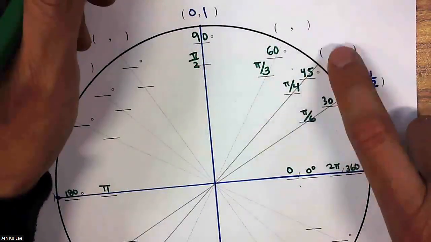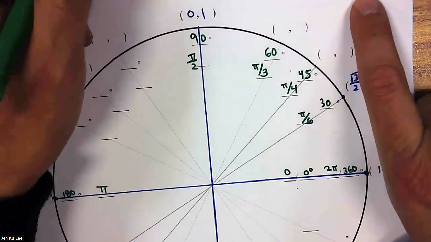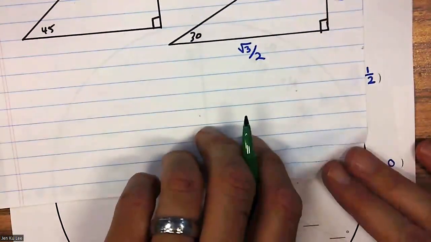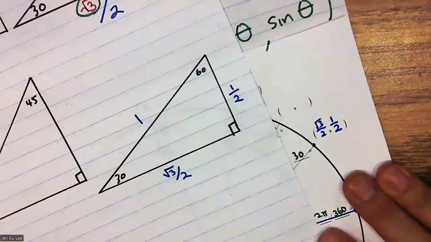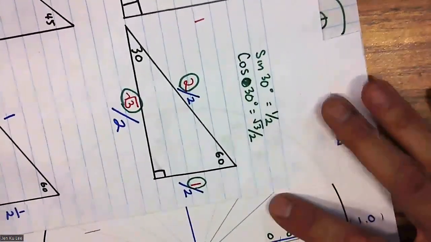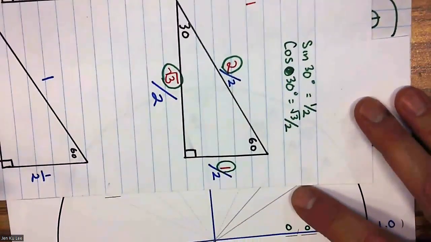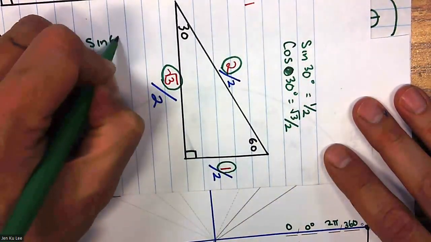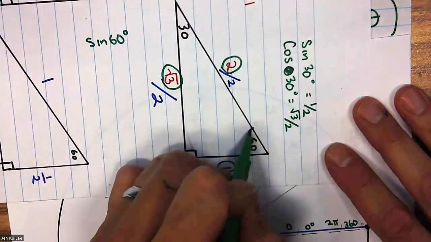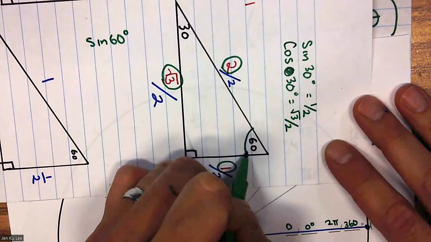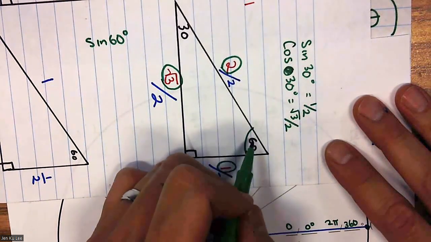So now if the coordinates are cosine comma sine, what's the sine of 60? Let's look back over here, but I'm going to flip this paper like this. The sine of 60 degrees. Well, this is my angle, right? Are you guys still comfortable with opposite, adjacent, and hypotenuse?